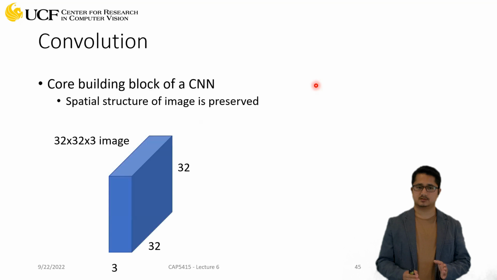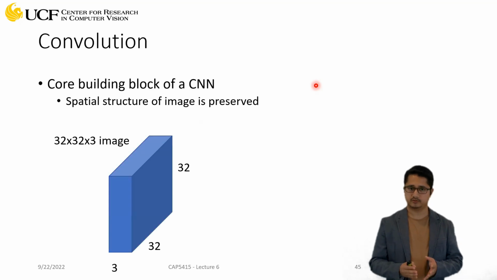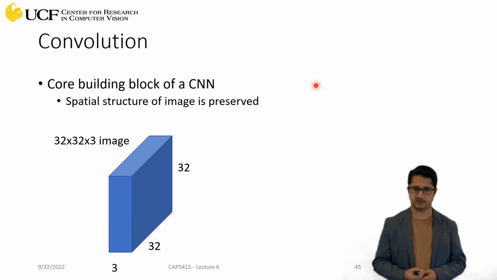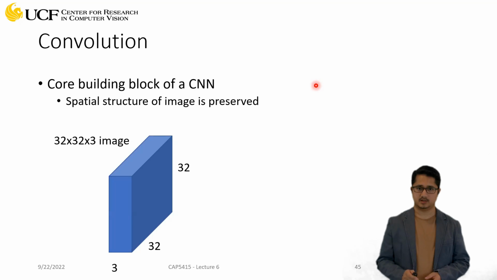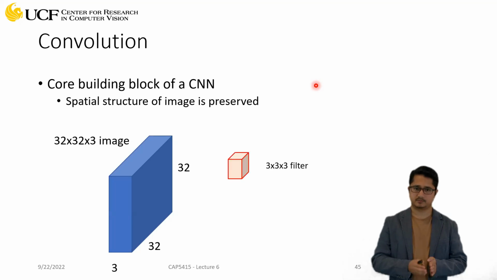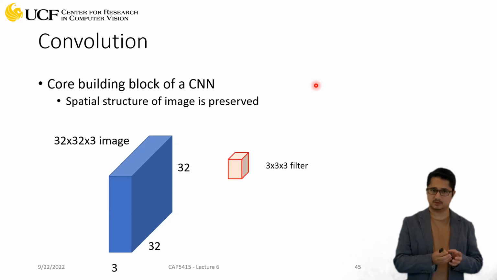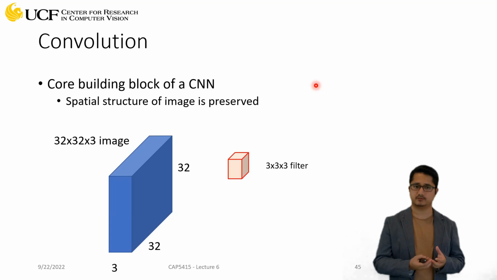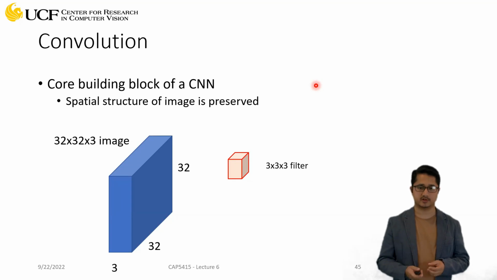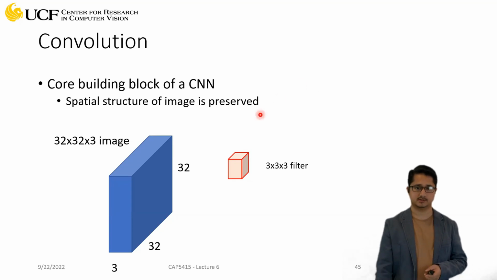As we discussed, the core building block of a convolutional neural network is a convolution operation or a correlation operation. And the idea is we try to preserve the spatial structure of your input. As we process your data in this network, we go from volume to volume. To move from volume to volume, we have to perform this transformation using the filtering operation, for which we use these filters.